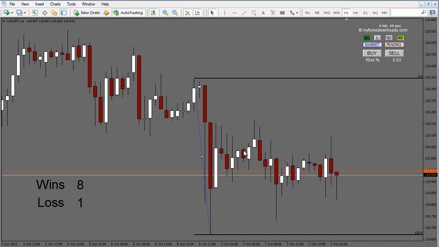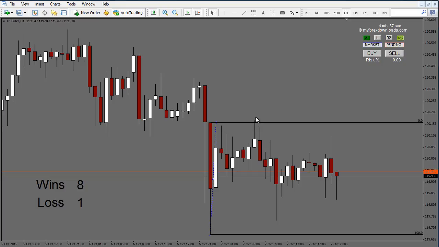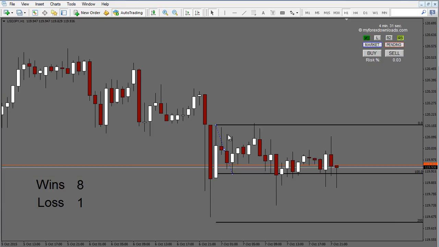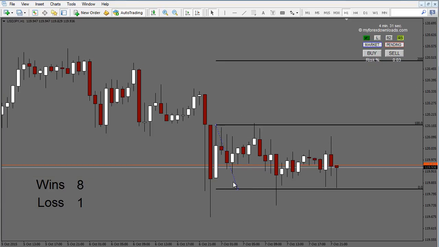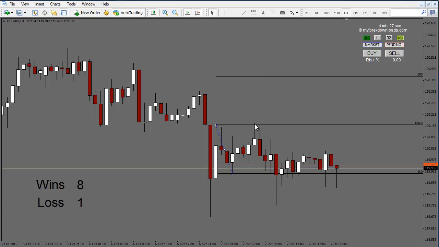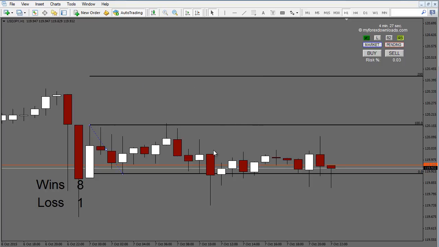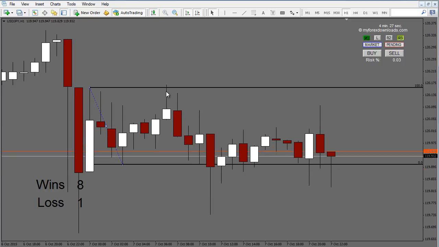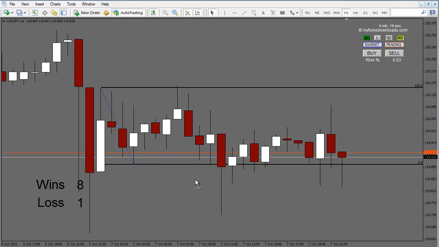Then we haven't broken anything here. This is actually considered a swing in my book, so we'll say it's set up to go long, but we don't know what's going to happen yet. This one here would have gone like this, and right there we have a small movement to go long, and it came back and hit our stop.